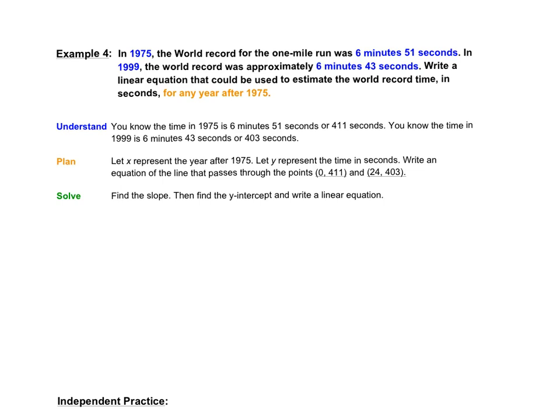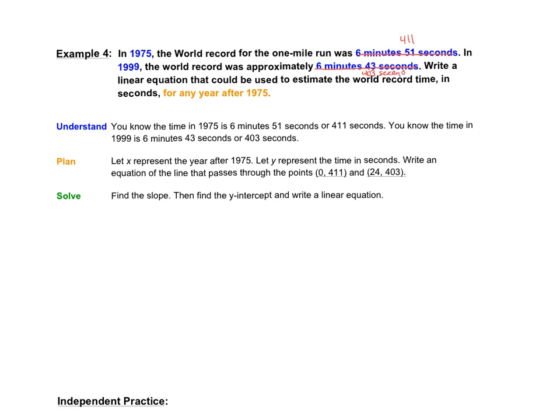When we make our plan here, we can find out what our ordered pairs are. And go from there. So notice to get this time into all seconds, we've got 411 seconds and 6 minutes 43 seconds, actually 403 seconds.